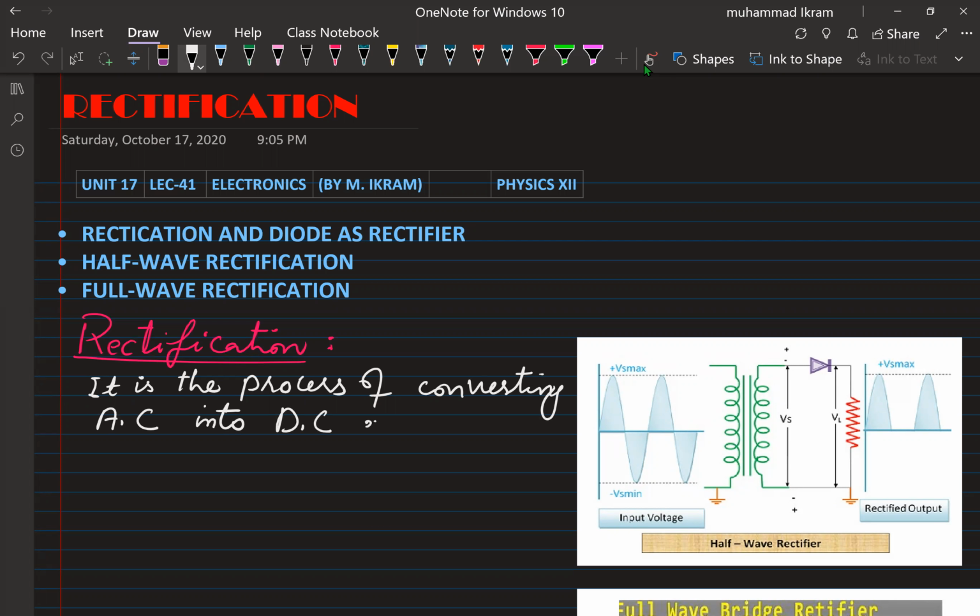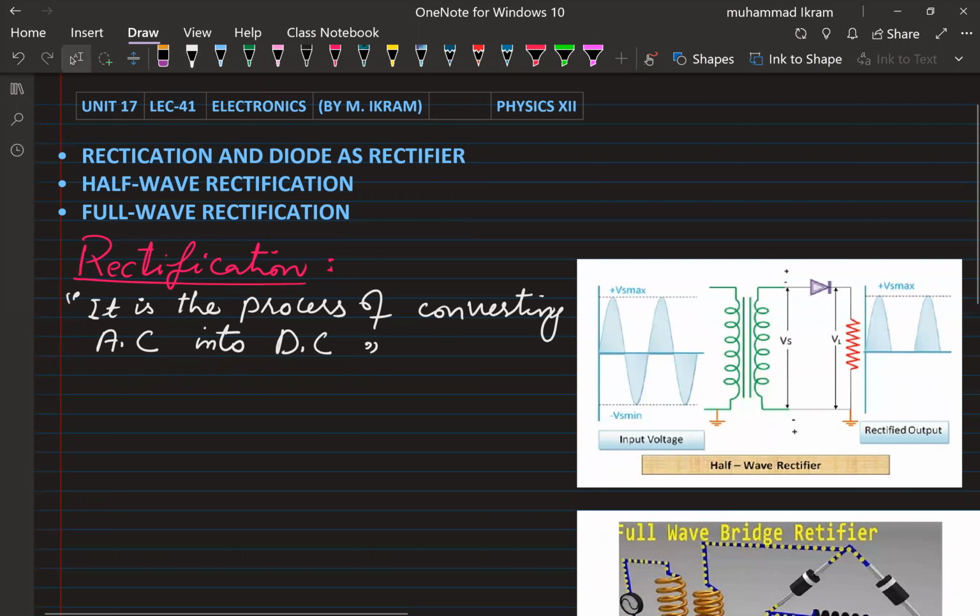This process of converting AC into DC is called rectification, while the device which does so is called a rectifier.